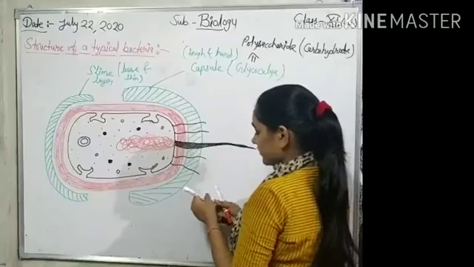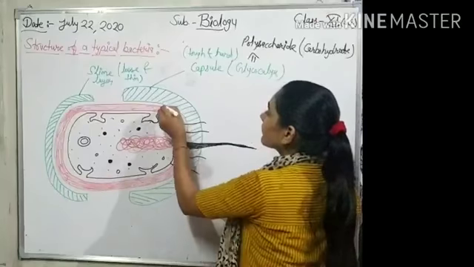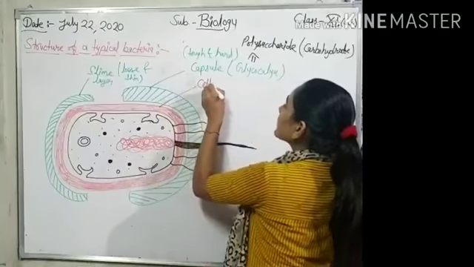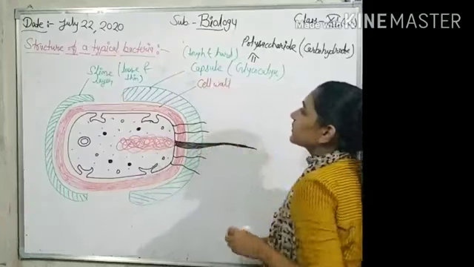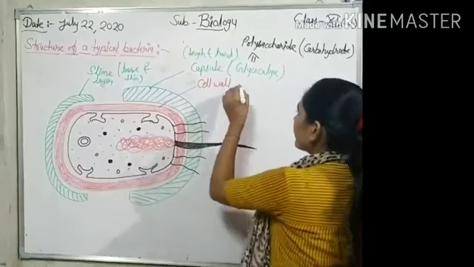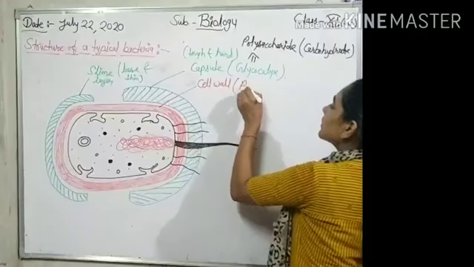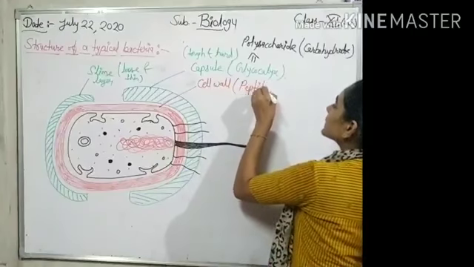Below the capsule, the cell wall is present, and it is made up of peptidoglycans.